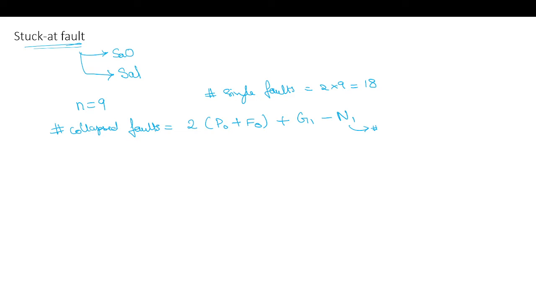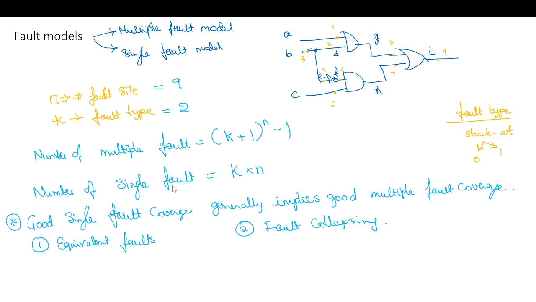Here N1 is the number of inverters, G1 is the number of gate inputs, FO is the number of fan-out branches, and PO is the number of primary outputs. With this, can we say what is the number of collapsed faults of the previous example? So we have one primary output.